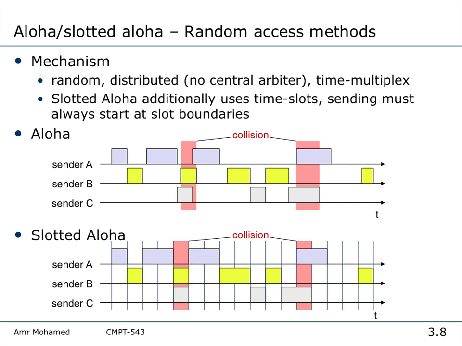this means that the coordination between these nodes is not needed anymore. I don't need to have an arbitrator or a central node to say, you send at this time, you send at this time, you send at this time.